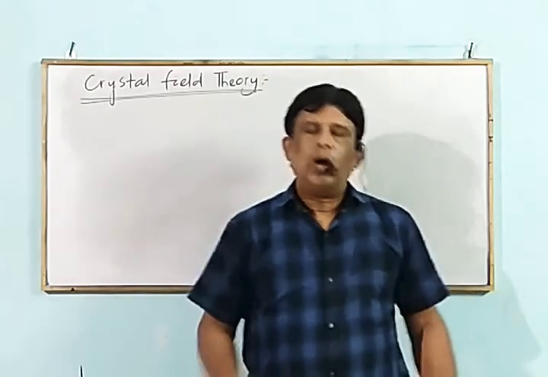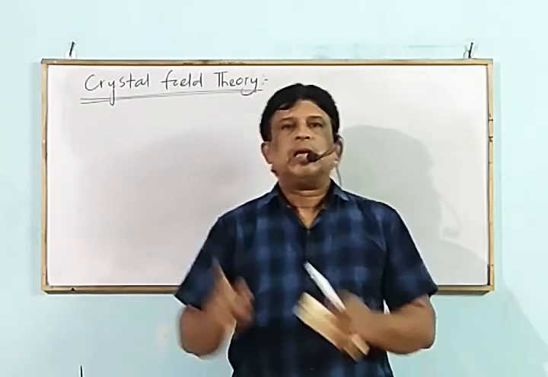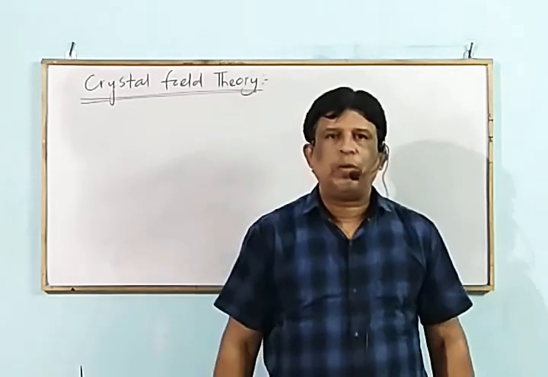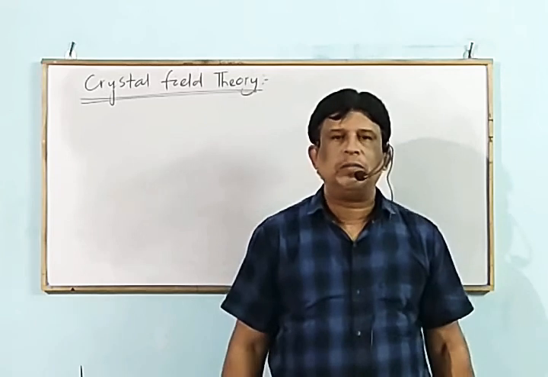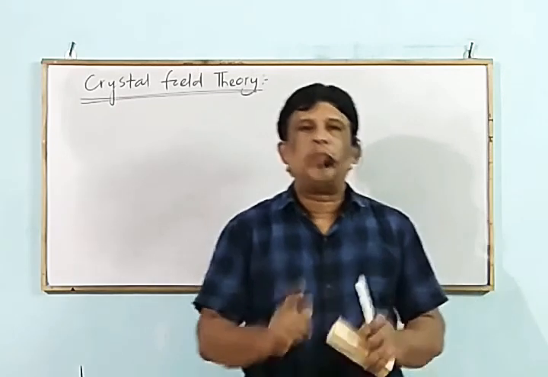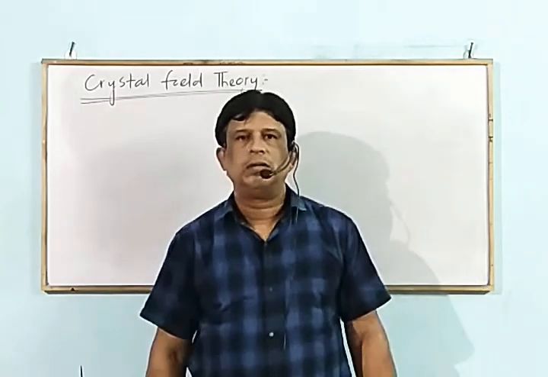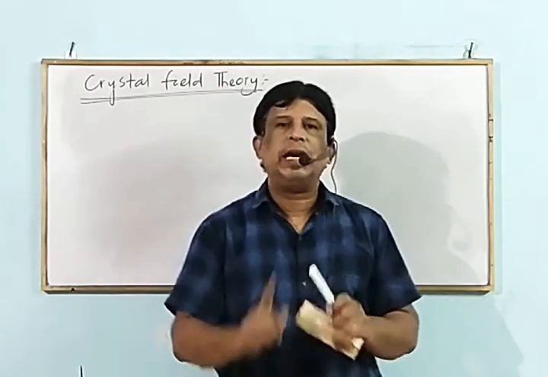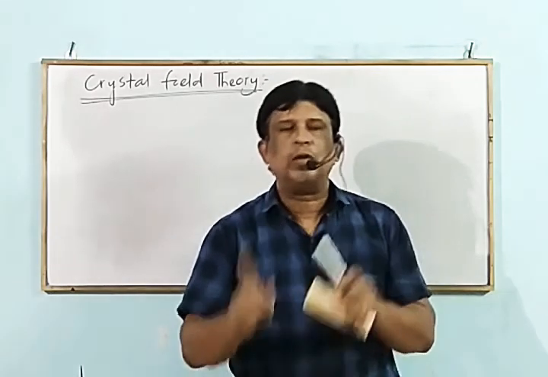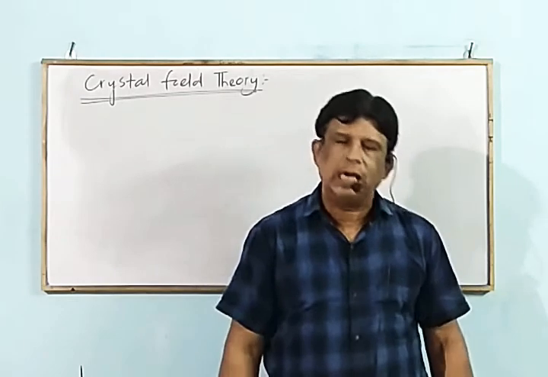Next point. When the ligand donates the lone pair of electrons to the central metal atom, there is development of repulsion between the ligand electrons and the electrons present in the valence shell of the central metal atom.